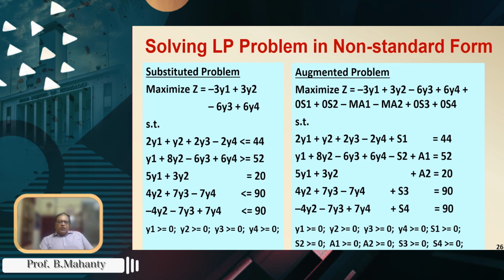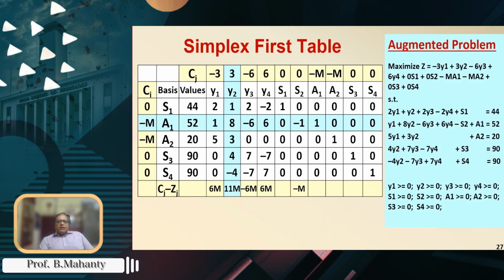Once we have put it in augmented form, we can write the simplex first table from here. The basis is S1, A1, A2, S3, S4, with values 44, 52, 20, 90, 90. The Cj values are written from the objective function, and the Ci values are also written from the objective function.